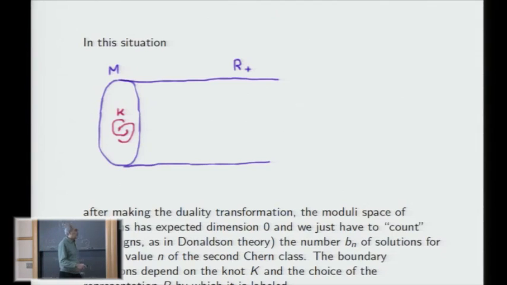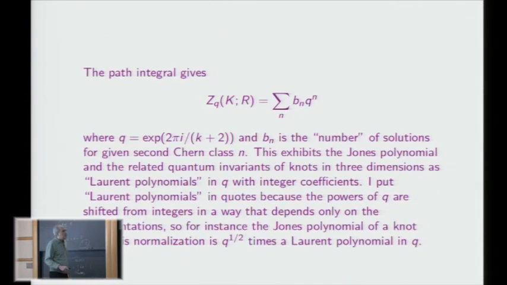The boundary conditions depend on the knot K, and that's an interesting story we will not have time for today. And then the path integral is a sum over all values n of the second Chern class of b sub n, the number of solutions for a given second Chern class, times q to the n.